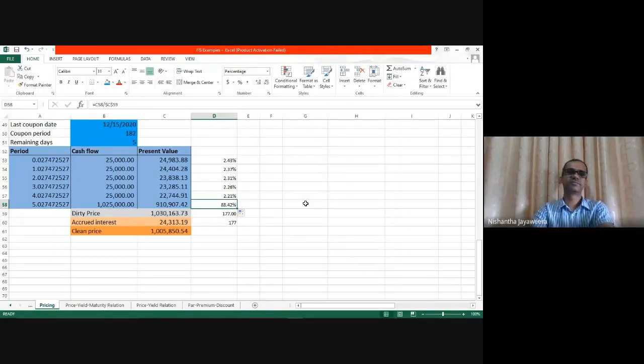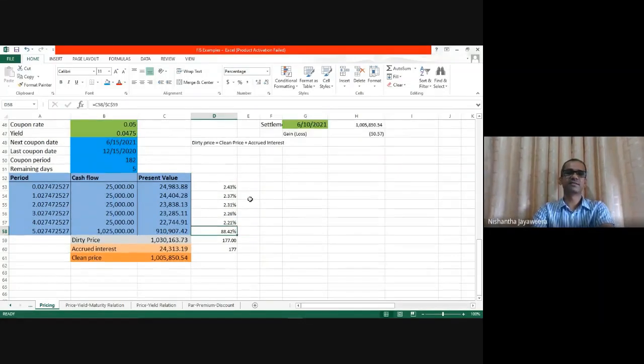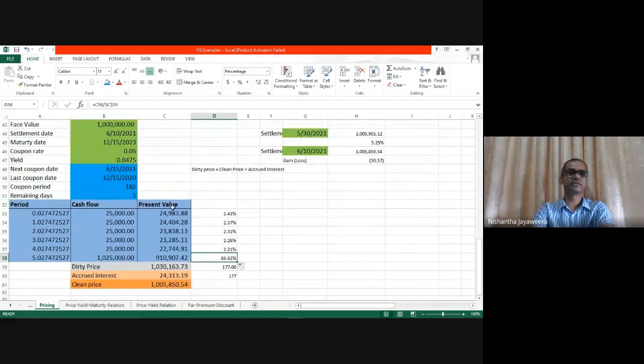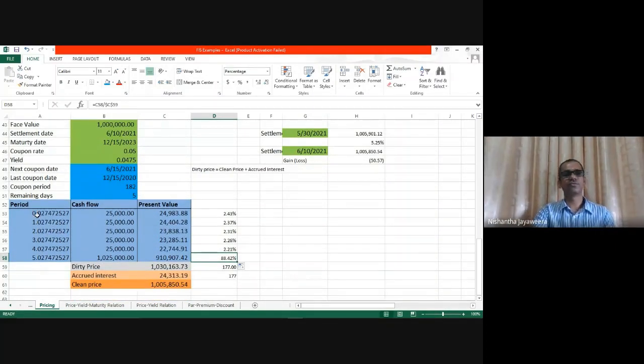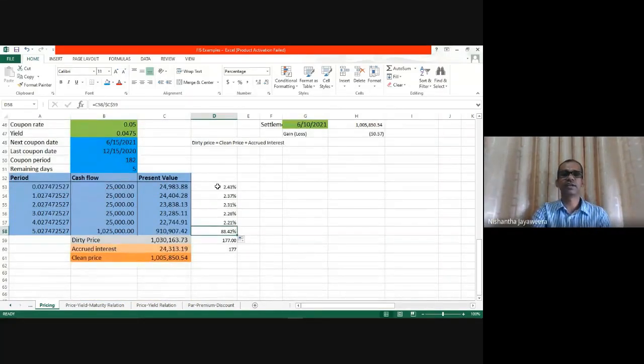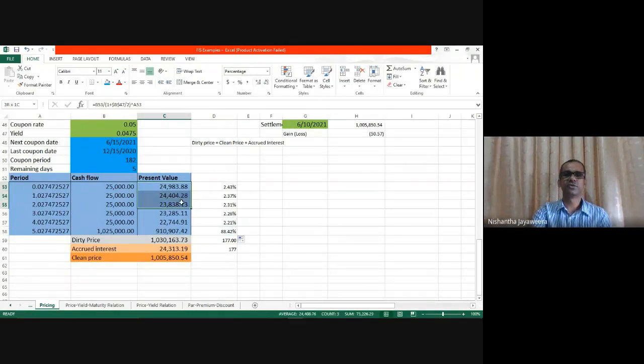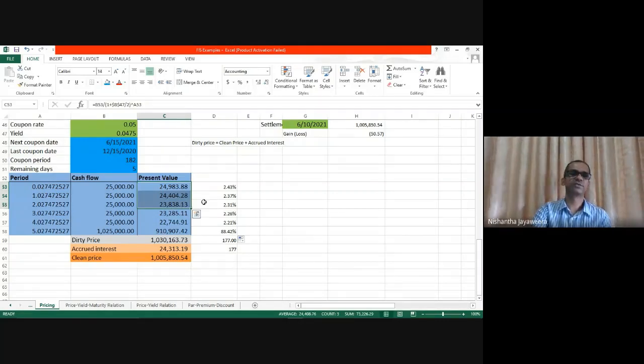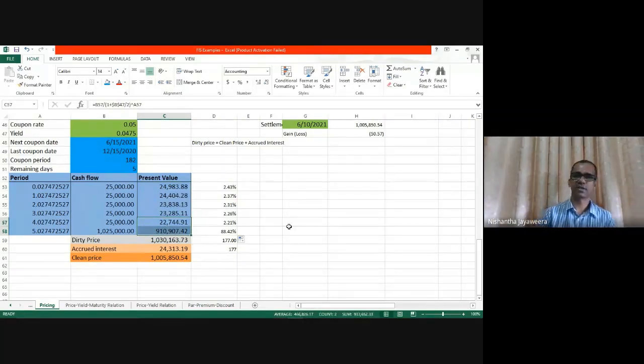What would happen when we decrease this? Say now there's still about 2.5 years maturity. What would happen when it comes to 1 year maturity? Then you don't get these first coupons. When it comes to 1 year maturity, semi-annual, you will get only the last two cash flows.